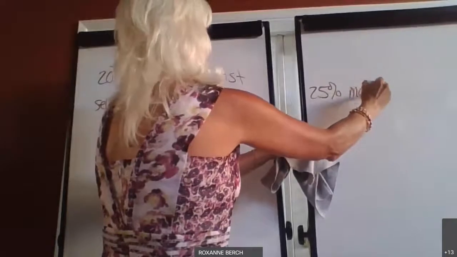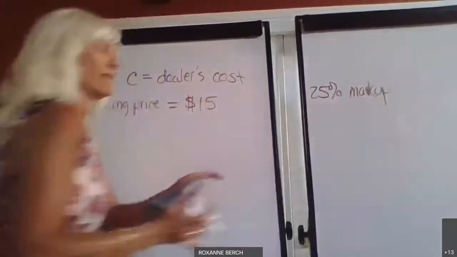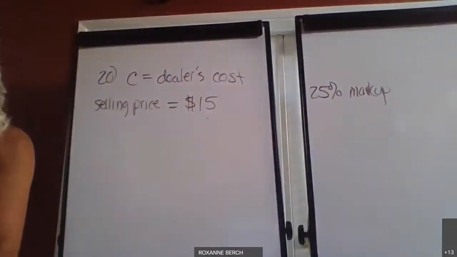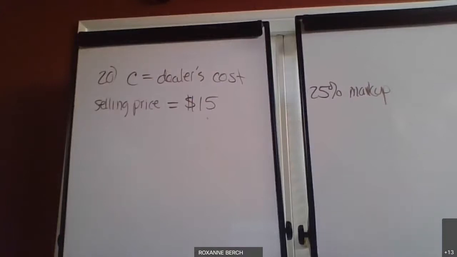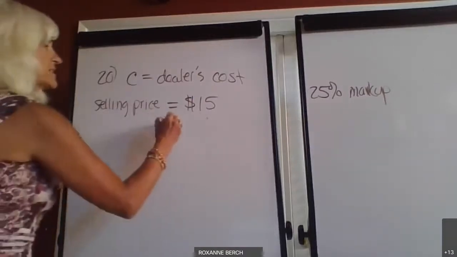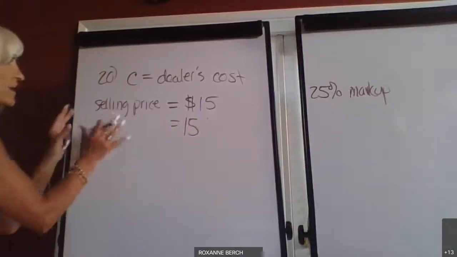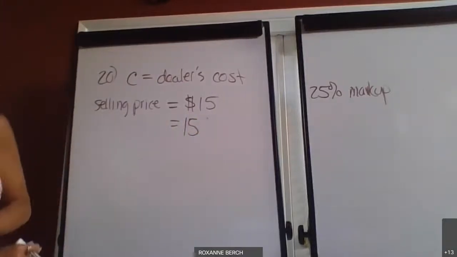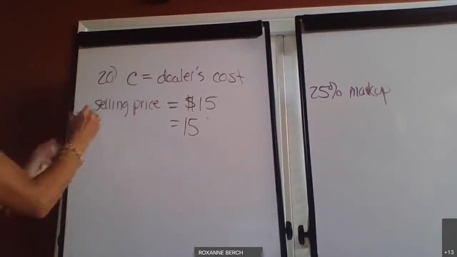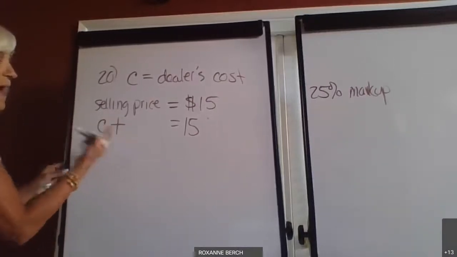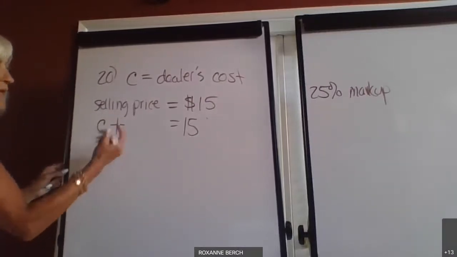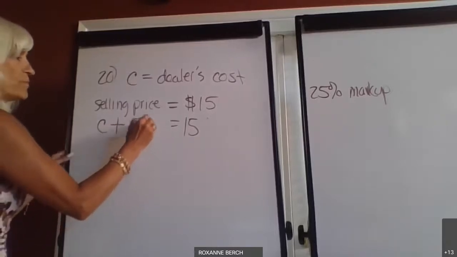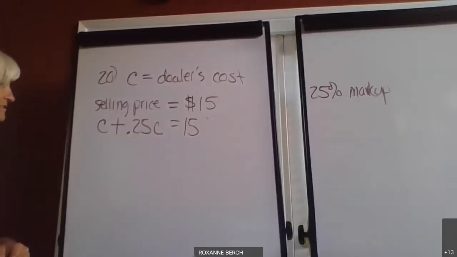Markup of 25%. Wow. All right. Well, whatever. So what did we do? Well, this 15 is going to stay there. And how do we represent this? Well, the dealer's cost is C, right? And the markup is 25% of the cost.